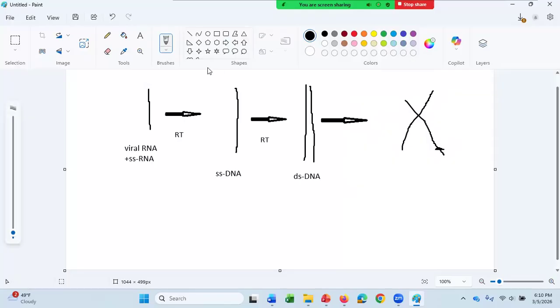And so that is right there, the provirus. Provirus is what I'm trying to write there.